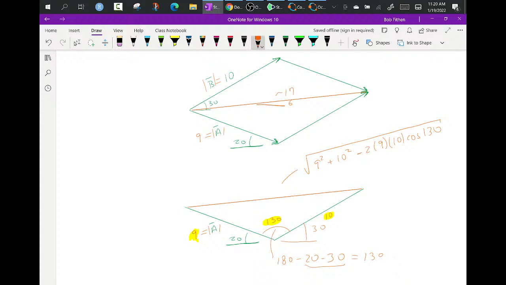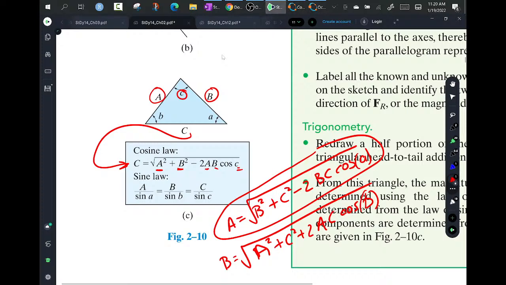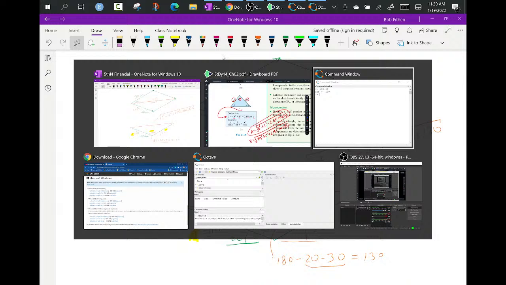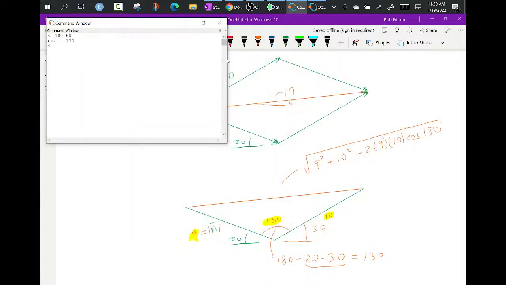All right, so let's go to, let's see, Alt Tab. Not that one. That'll put me back there. I'm going to Alt Tab it to here. So here we go. Square root of 9 squared plus 10 squared, I need a keyboard that's lit a little bit better than this, minus 2 times 9 times 10 times cosine in degrees.